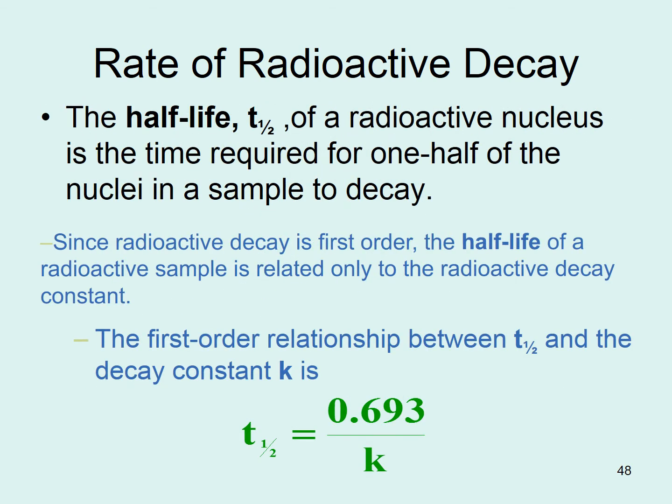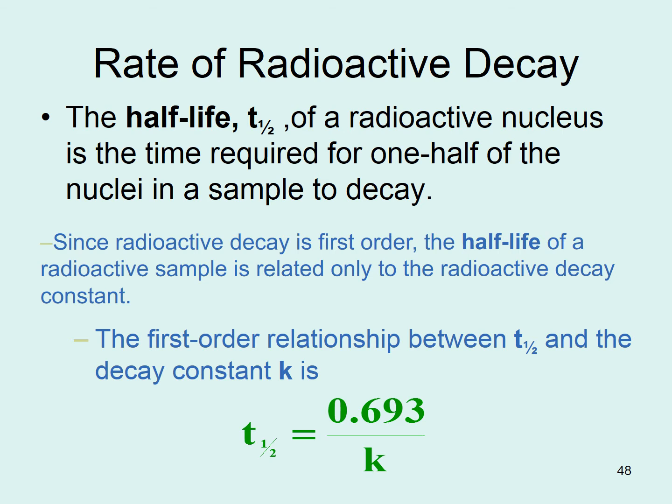With first order kinetics, you can measure a half-life, which is the amount of time required for half of the concentration to react, or in this case, because it's radioactive, to decay. So after one half-life, half of the nuclei will have decayed.